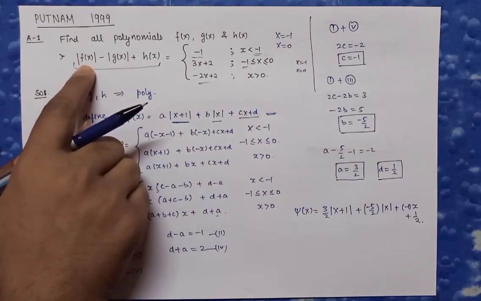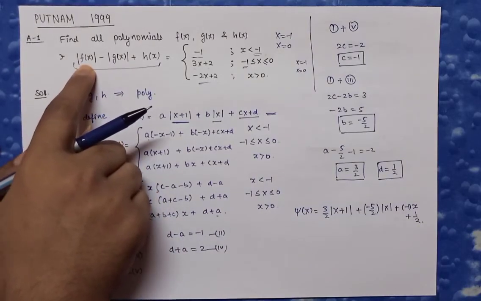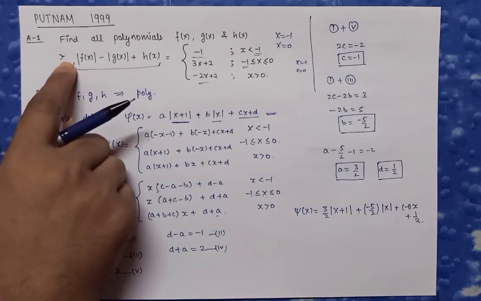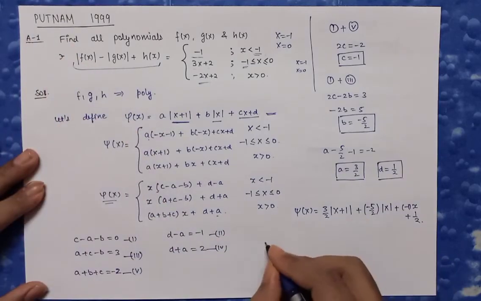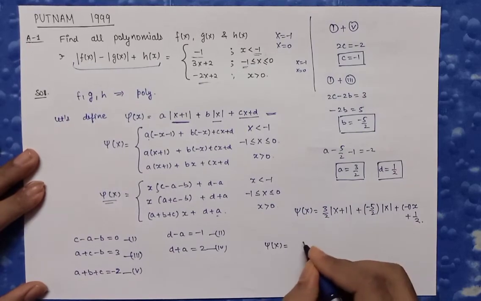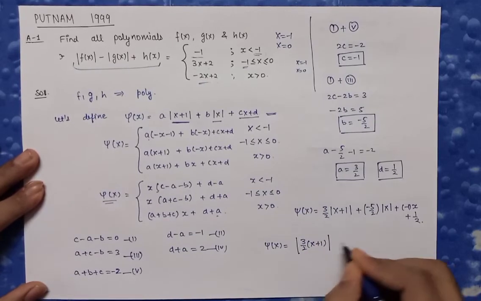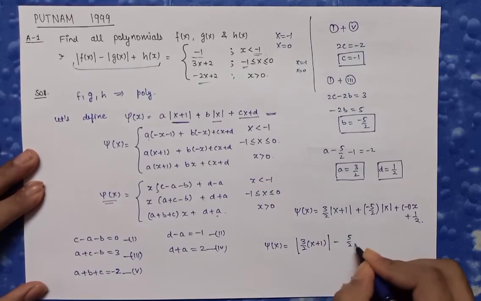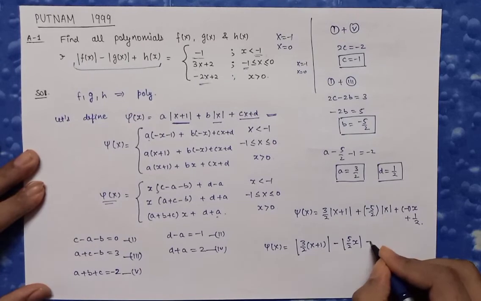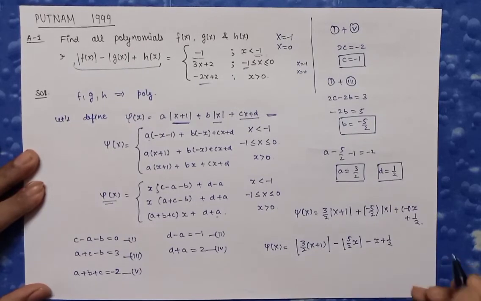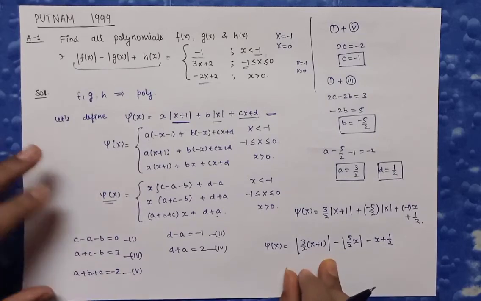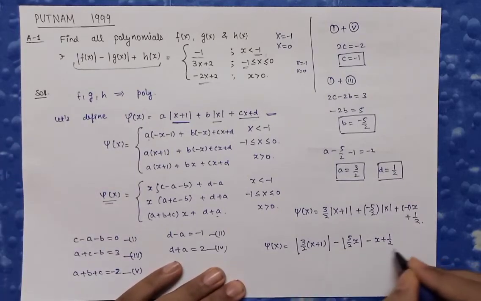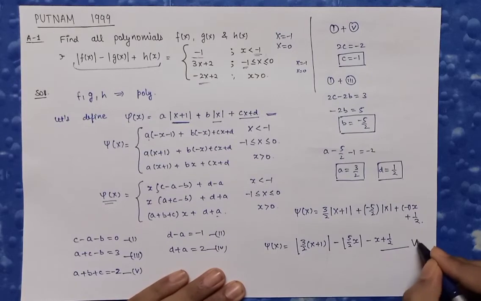Now this is totally inside the modulus, and no coefficient is outside the modulus except for 1. So I am taking 3 by 2 also inside. Therefore xi x will be equal to mod of 3 by 2 x plus 1, then mod of minus 5 by 2 x, then mod of minus x plus half. Let's call this equation number 6.